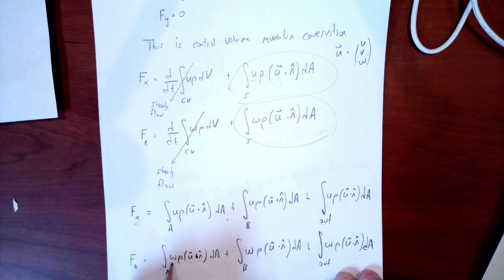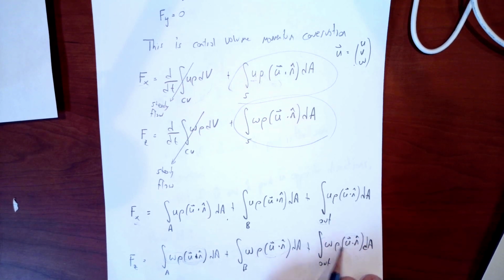This is the momentum piece. Z velocity times rho is going to give you a momentum in z, but this is the amount of fluid that's being carried into or out of the control volume by that fluid moving. So this is the amount of fluid going through surface A, surface B, or surface out here, and this is the z momentum that is being carried in and out of that surface.